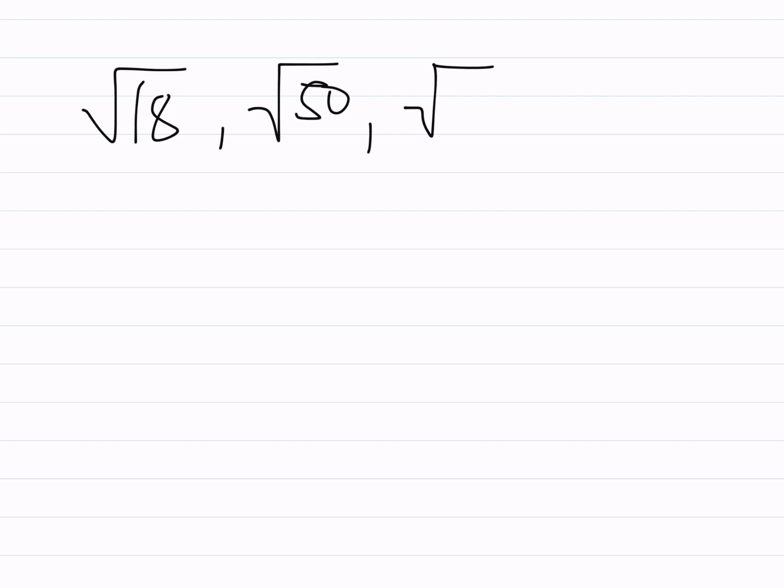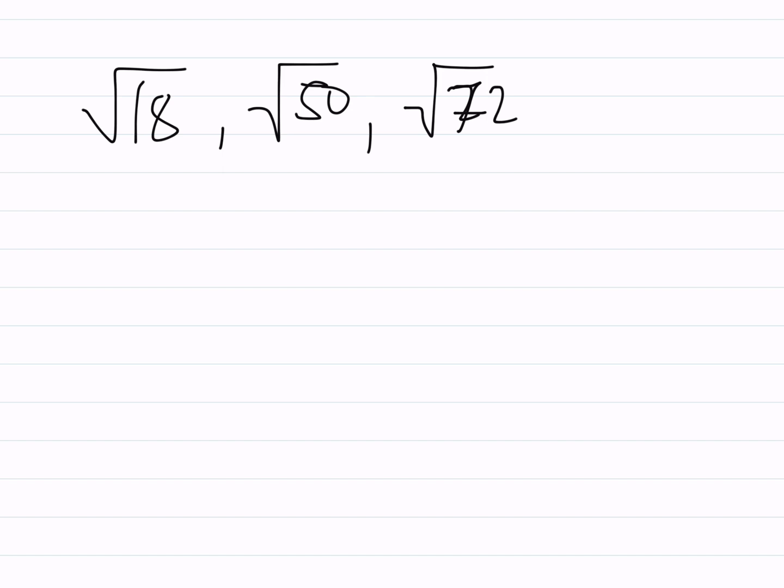Now try to express the square root of 18, the square root of 50, and the square root of 72 as like radicals. As you can see, they have the same index but different radicands.